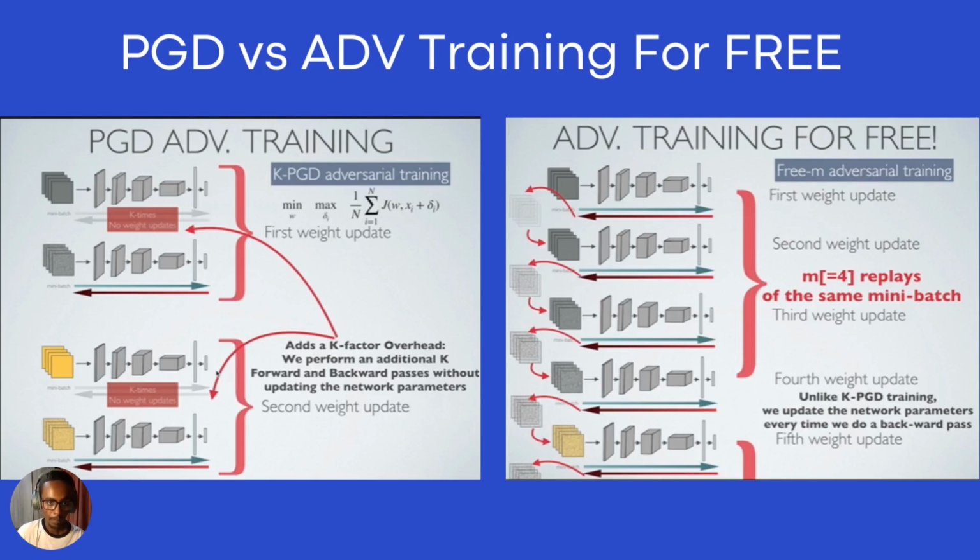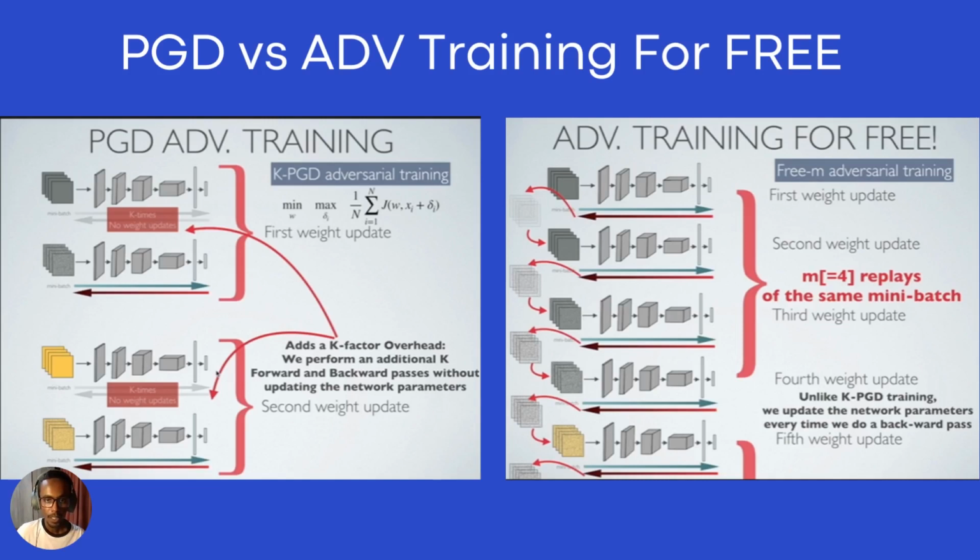We do this 4 times, and then finally, using these perturbations as an initialization for the next mini batch, we use them as global initialization for the next mini batch, and we combine these perturbations together with that mini batch and do the training again.